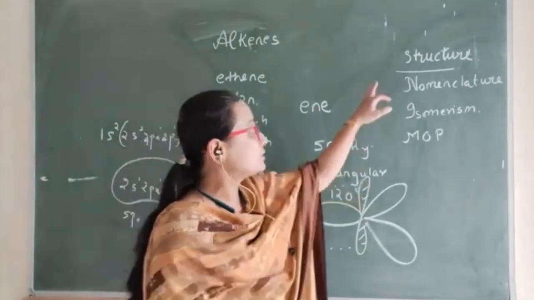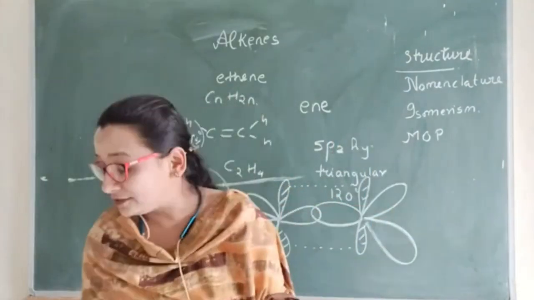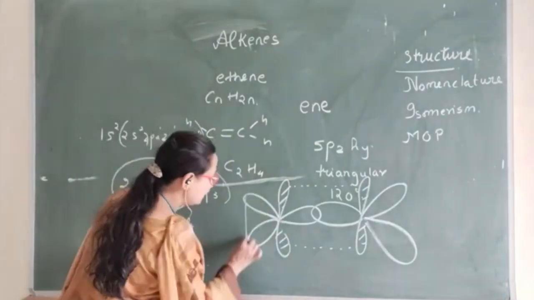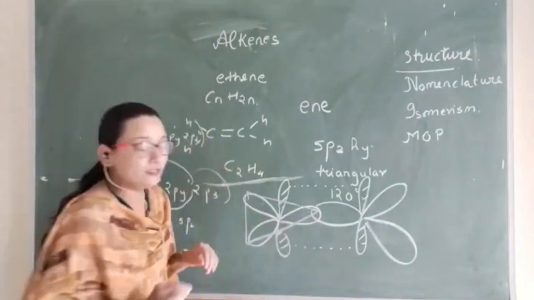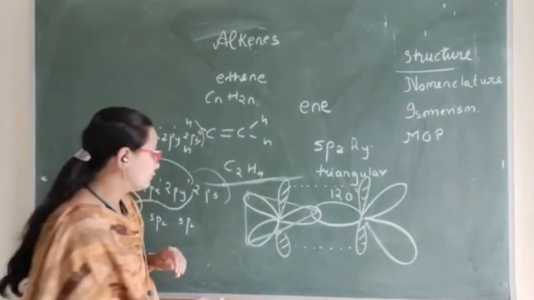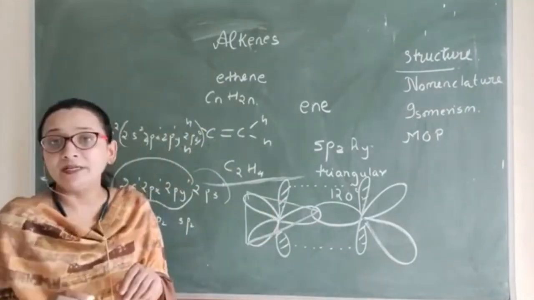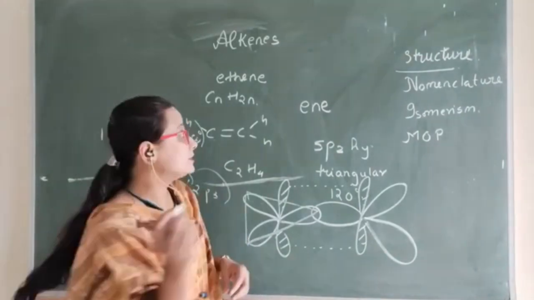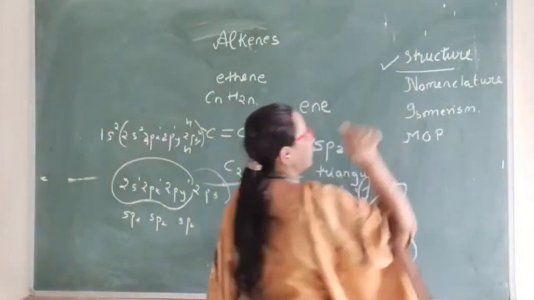We have not taken anything new. That is the first one, that it shows sp2 hybridization. We have also seen that it shows triangular geometry. This is the triangle that alkenes form, and the bond angle formed is 120 degrees. This is the first aspect that we have already discussed.